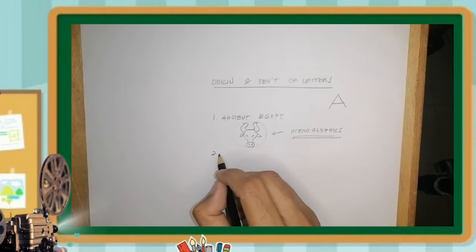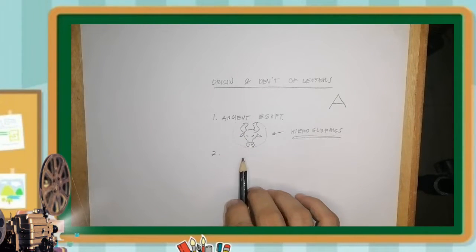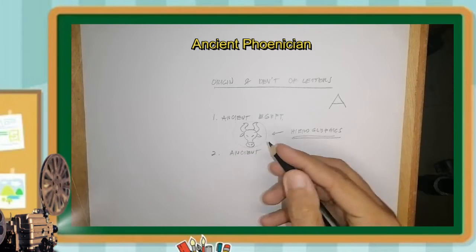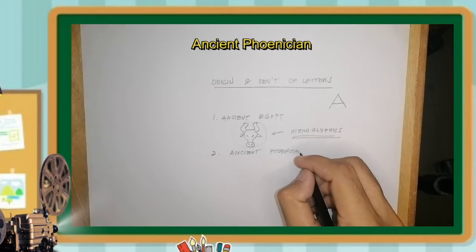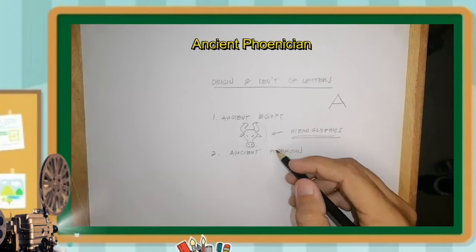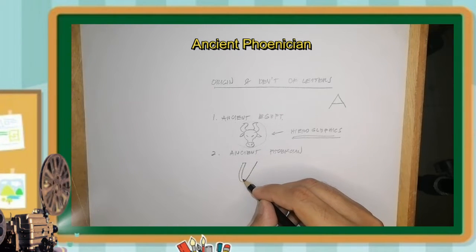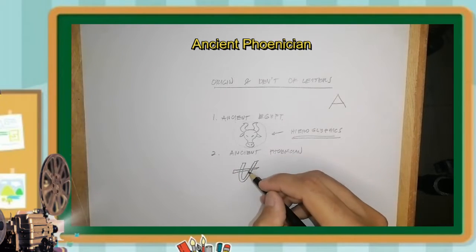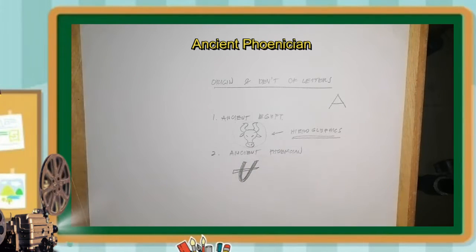Next. So after the ancient Egypt, it was the ancient Phoenician. Their letter A looks like this. So parang siyang binaliktad na letter A, no? And then normally this is shaded.